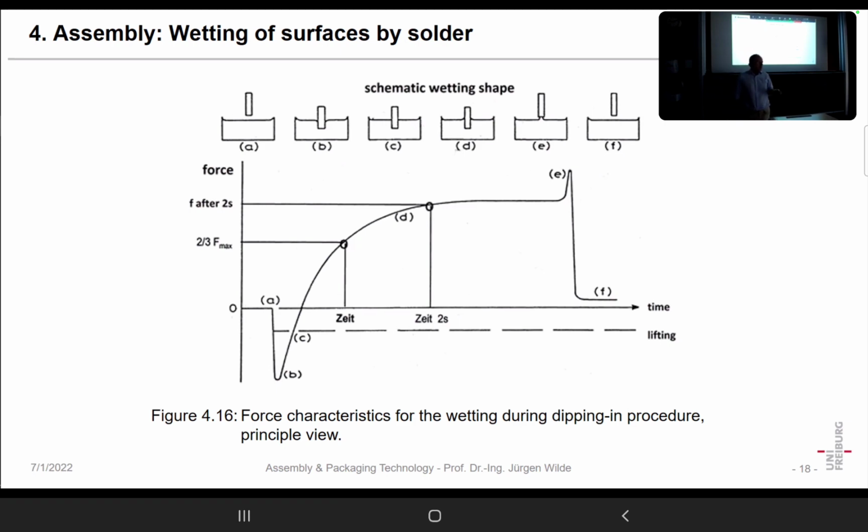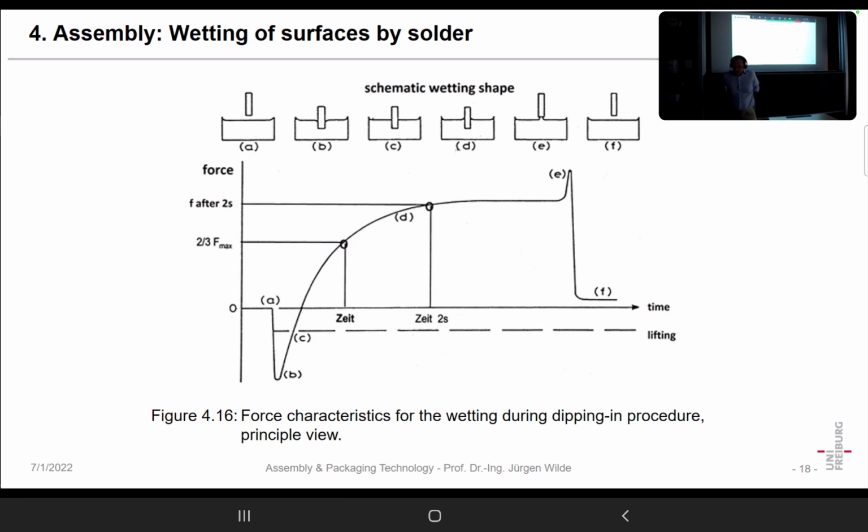And the second was that control of wetting was key in order to eliminate cleaning processes. That means when you have better wettability of the devices, you can use fluxes which are not so strong. And all of that means that many processes must be controlled much better.